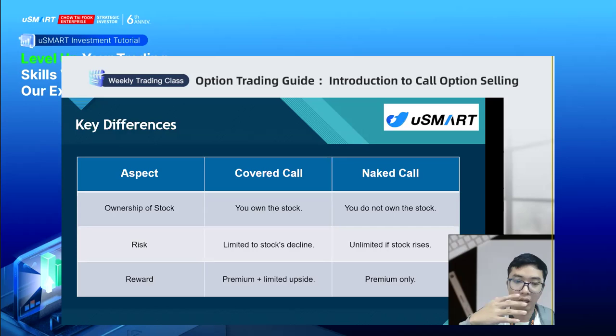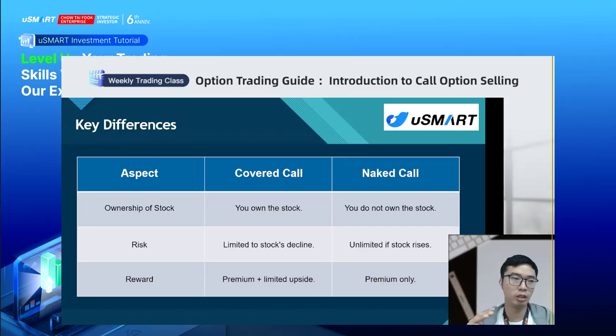For the covered call, your reward will be the premium and the limited upside, but it's still upside. Like my example just now, you own the stock at $50, you wanted to sell it at $55. So you actually earn the $5 plus the premium per share. For the naked call, you earn the premium only.